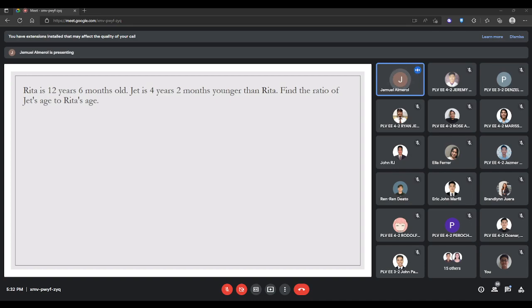So here, we have Rita is 12 years, 6 months old. Jet is 4 years, 2 months younger than Rita. Find the ratio of Jet's age to Rita's age. So this is very simple. All you need to do is convert their ages into months.